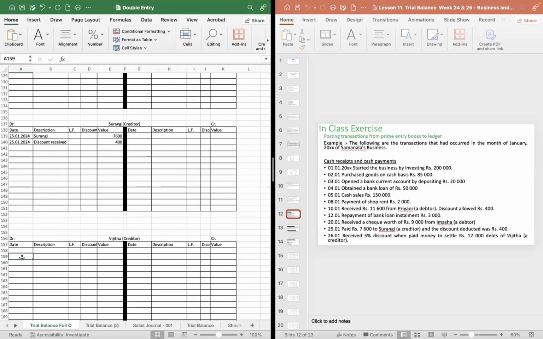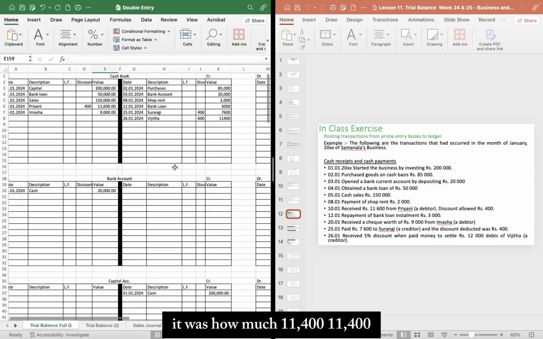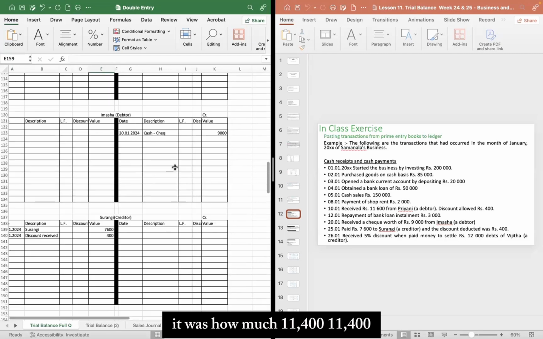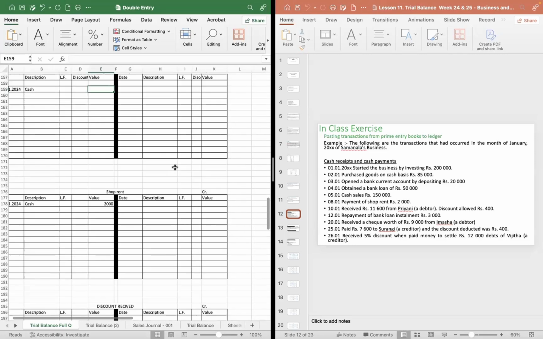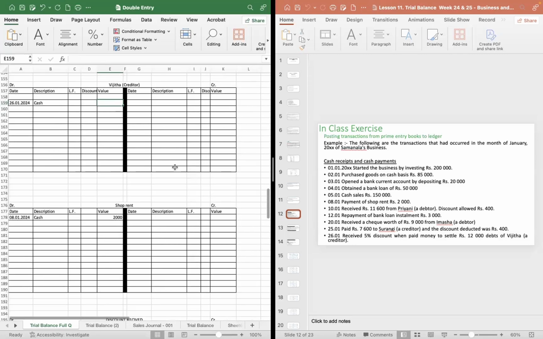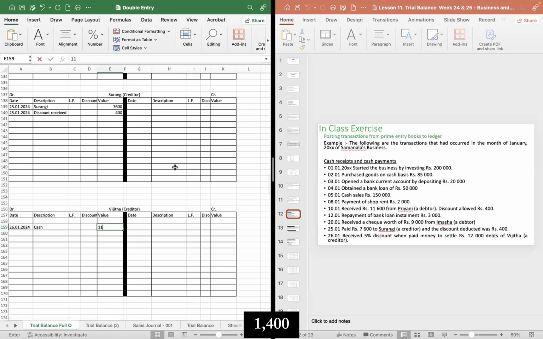So here also, 27 January last receipt. It was how much? 11,400. 11,400.